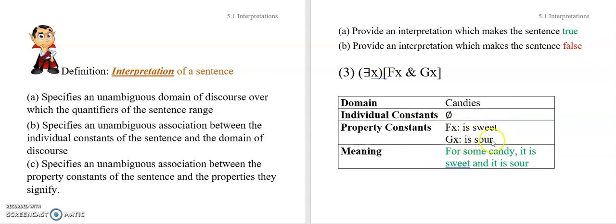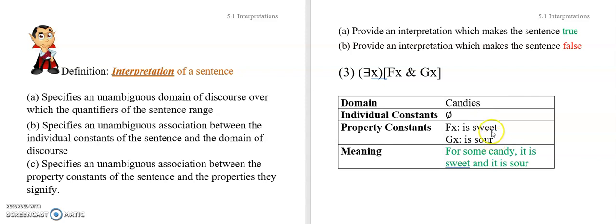And so for some one candy, it is both sweet and sour. Somewhere in Santa's bag there, somewhere in our domain, might not be the first thing you pick out, there might be infinitely many things in there, but at least one thing in there satisfies the following description: it is both sweet and sour. And that's clearly true, right?